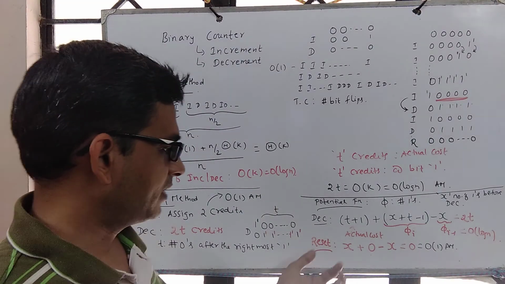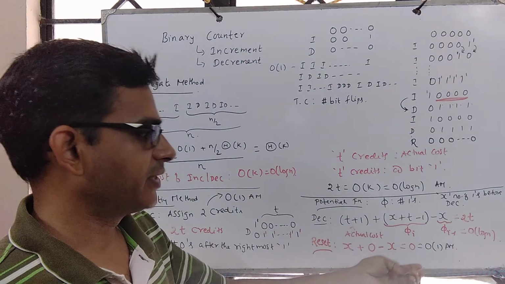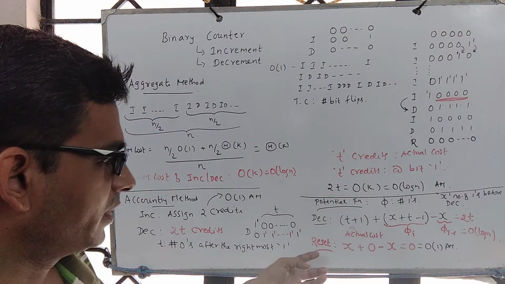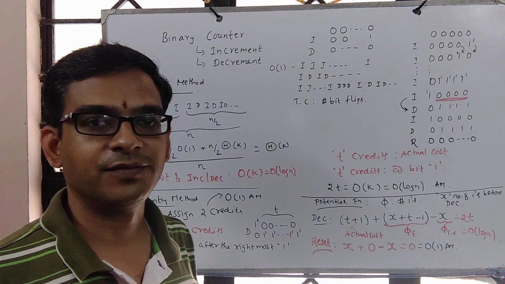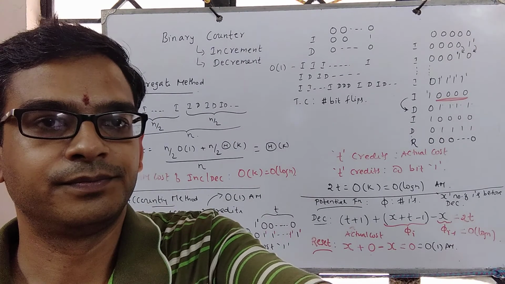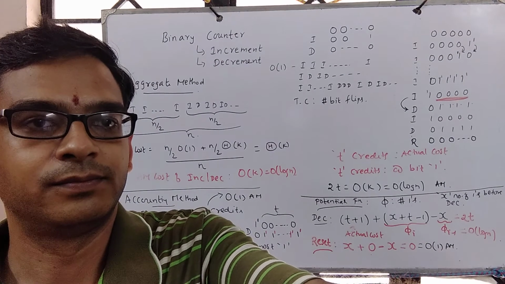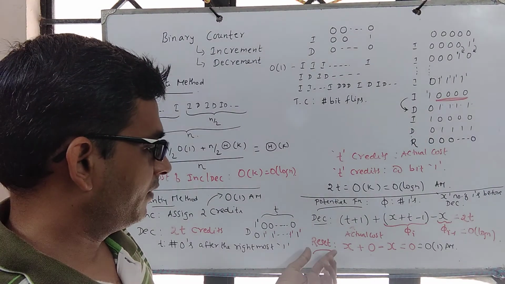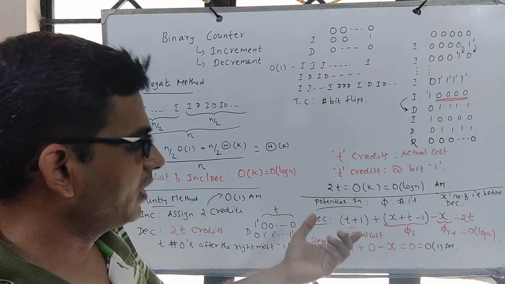So what it says is reset is constant amortized, or reset is free. If you do the operation, reset is free. So reset is free. What does that mean?